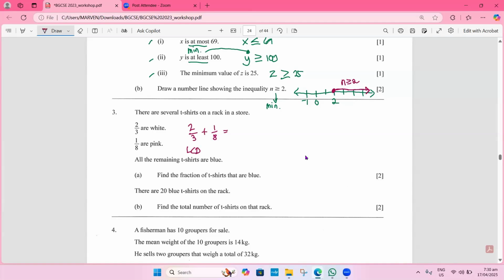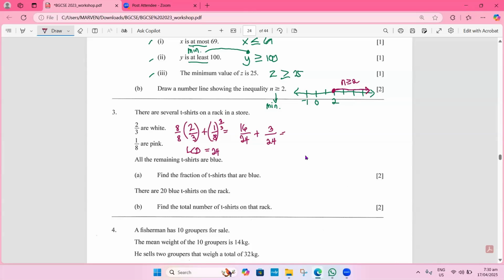The LCD of 3 and 8 is 24. So the first fraction, to make the denominator 24, we're going to multiply it by 8 over 8. So that will be 16 over 24. Then the second fraction, to make it over 24, we're going to multiply it by 3 over 3. So that will be 3 over 24.